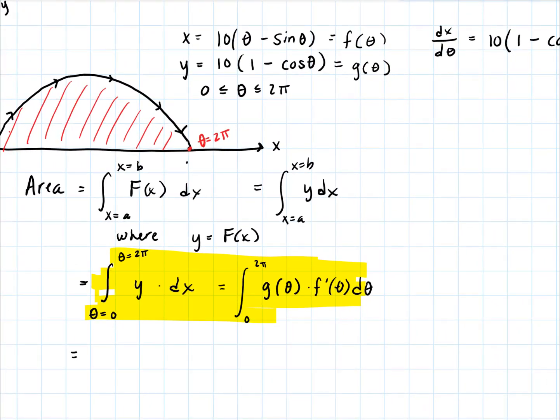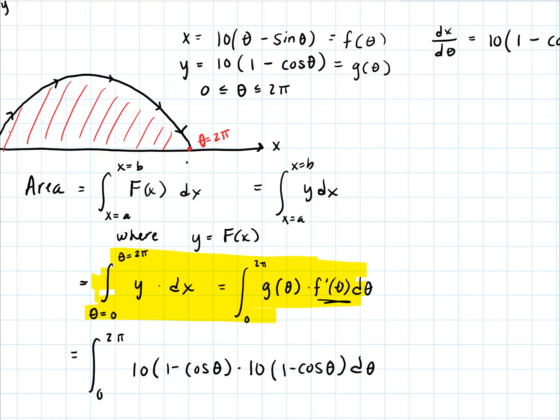Let's see if we can get it all on the same screen here. So this is going to be the integral from 0 to 2 pi of 10 times 1 minus the cosine of theta, times, turns out, the derivative dx is actually 10 times 1 minus the cosine of theta as well, d theta.